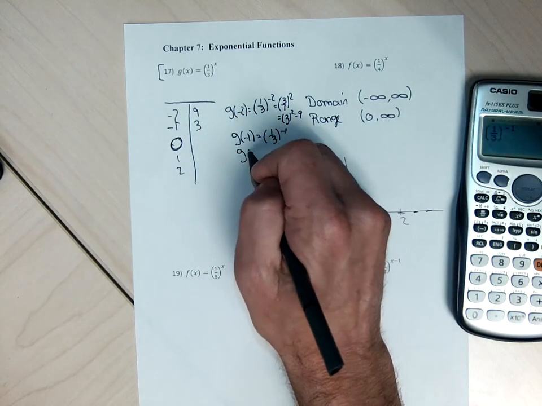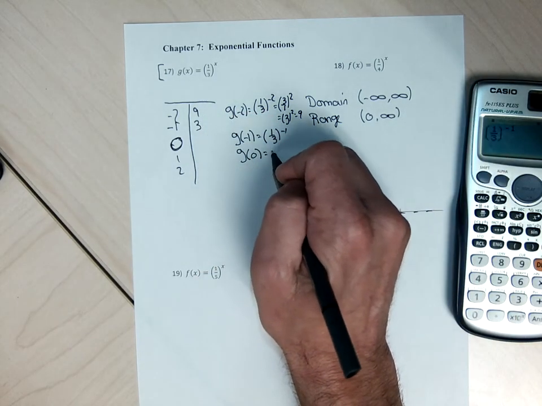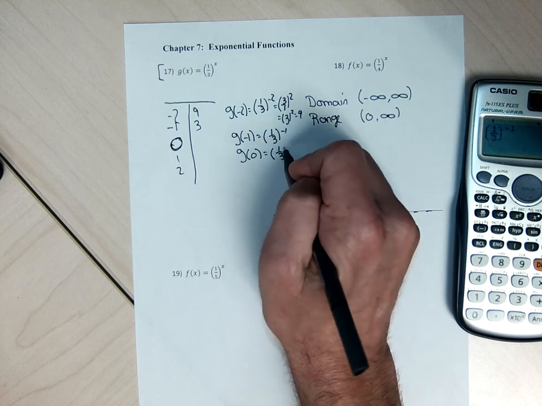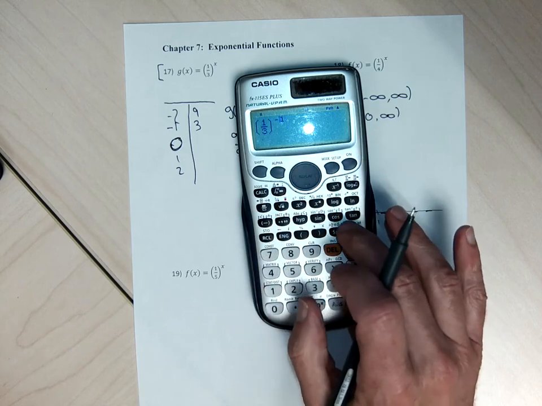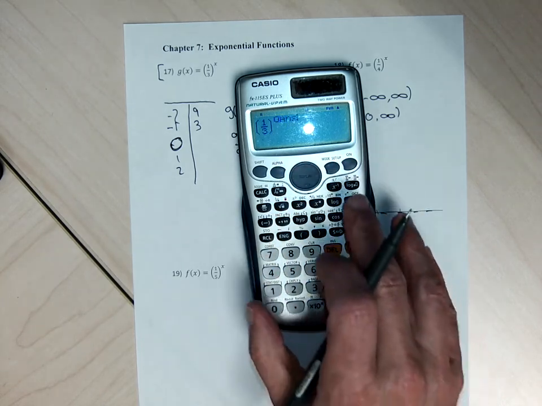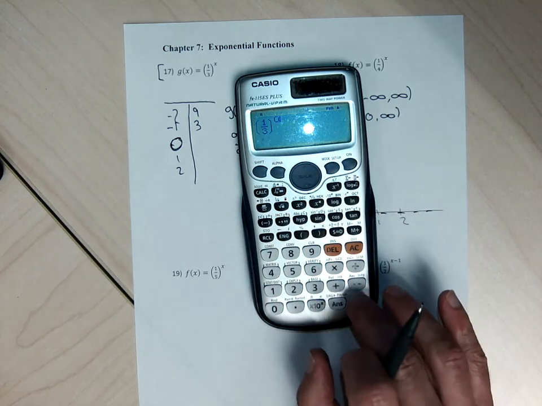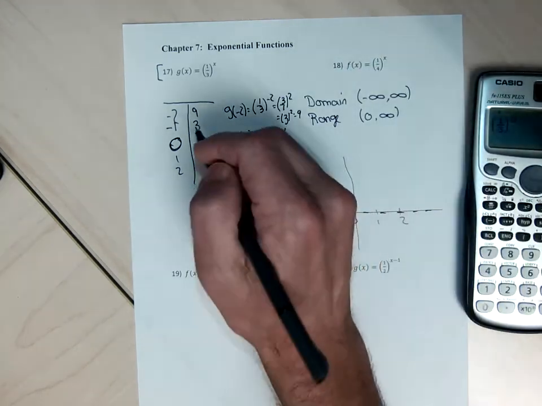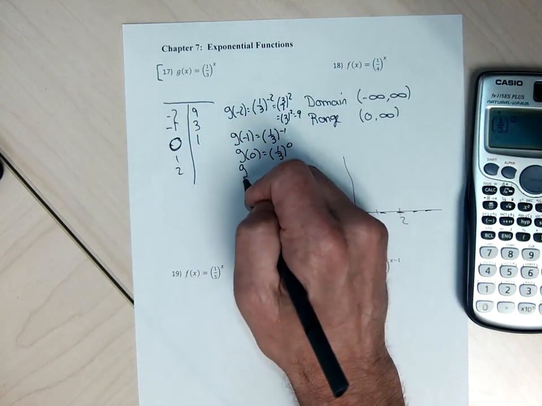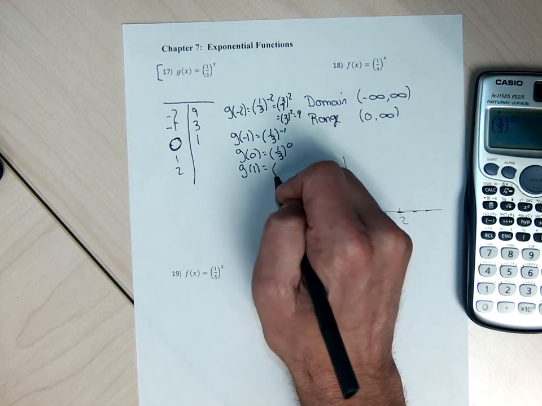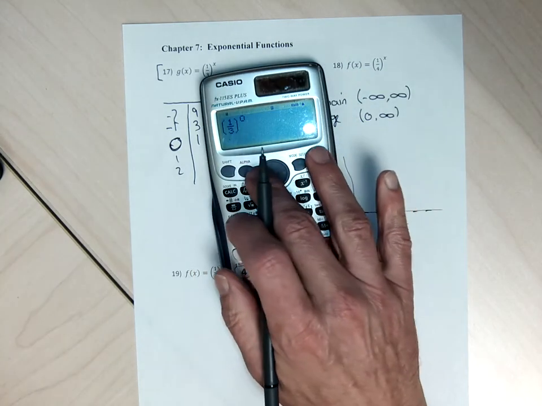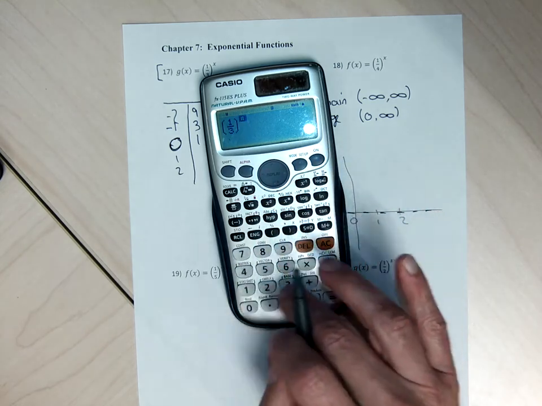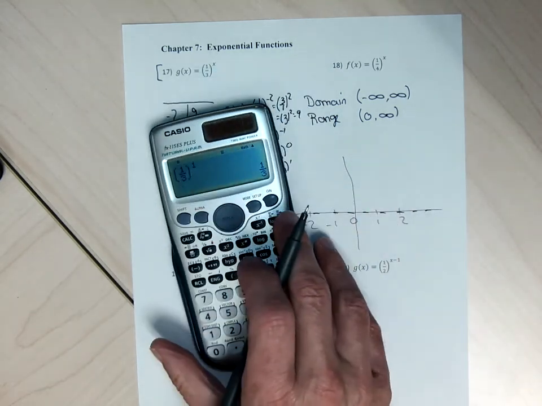My third y would be 1/3 to the 0 power, and anything to the 0 power is 1. So I get the point 0, 1. And then my fourth y is going to be 1/3 to the 1 power, or first power, and anything to the first power is itself, so I'm going to get 1/3.